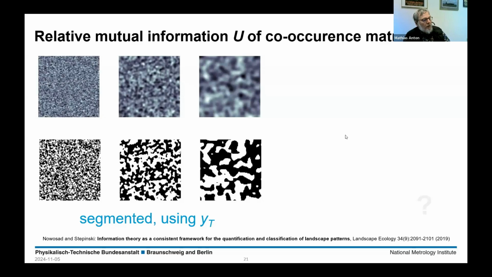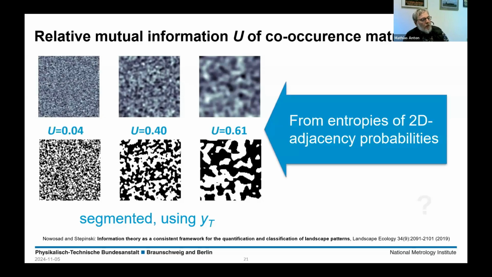And from that, by going via entropies of this distribution, you can calculate this quantity U, the relative mutual information, and you see that for white noise, it's almost 0, whereas for correlated noise, this quantity goes up.